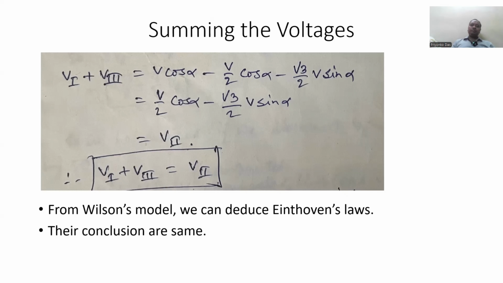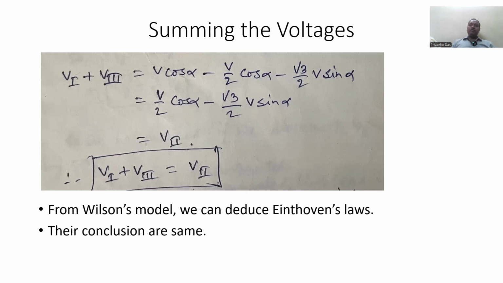Though present day experimentation reveals that there are multipoles acting inside our body, both of their laws go in the same direction. That means their conclusions are the same. So these are the basic fundamental laws of ECG.